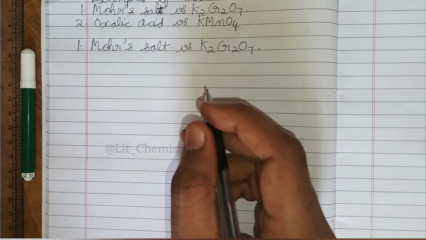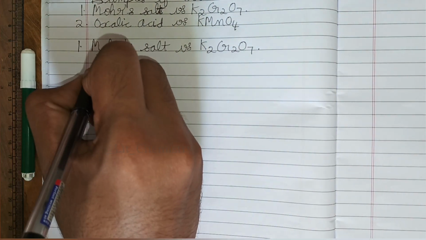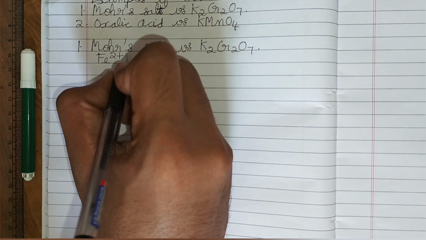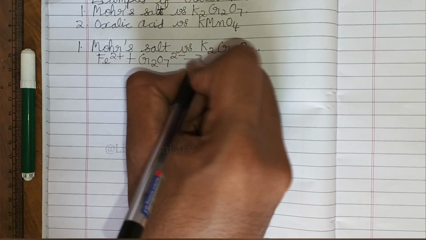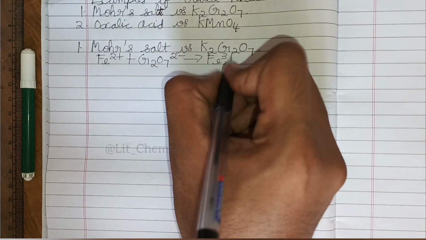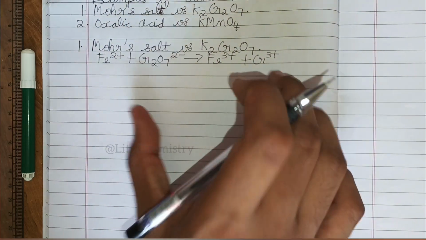The unbalanced equation can be written as Fe2+ + Cr2O7 2- gives rise to Fe3+ + Cr3+. So this is the unbalanced equation.